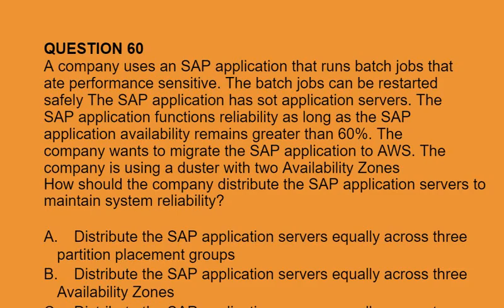The SAP application functions reliably as long as the SAP application availability remains greater than 60%. The company wants to migrate the SAP applications to AWS. The company is using a cluster with two availability zones. How should the company distribute the SAP application servers to maintain system reliability?